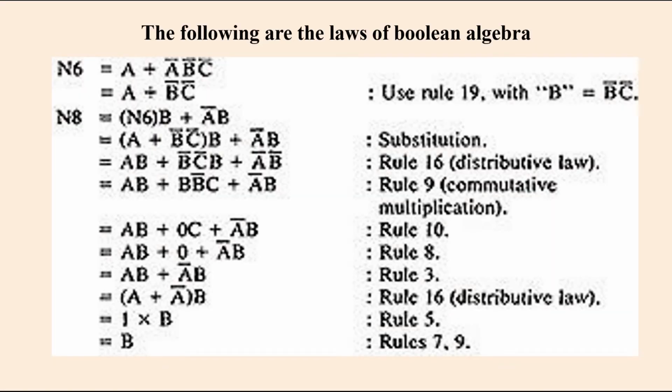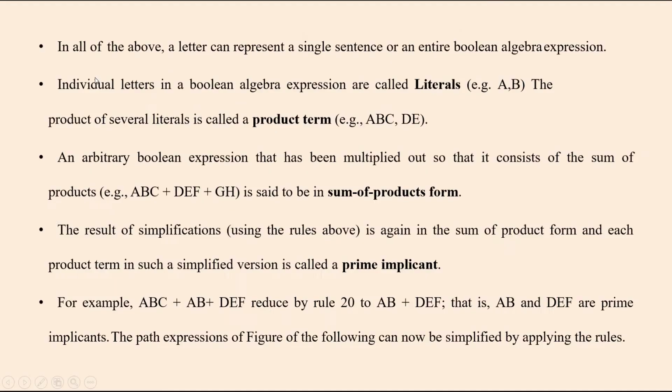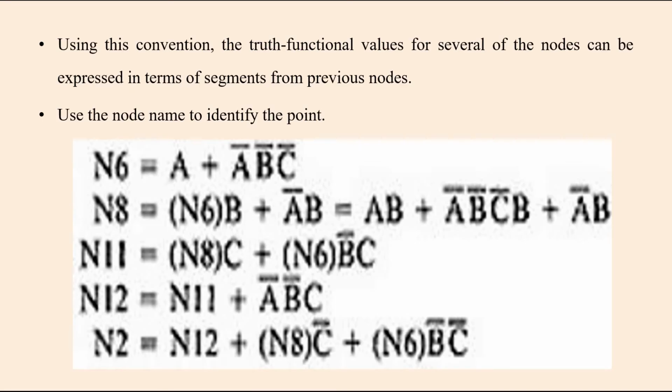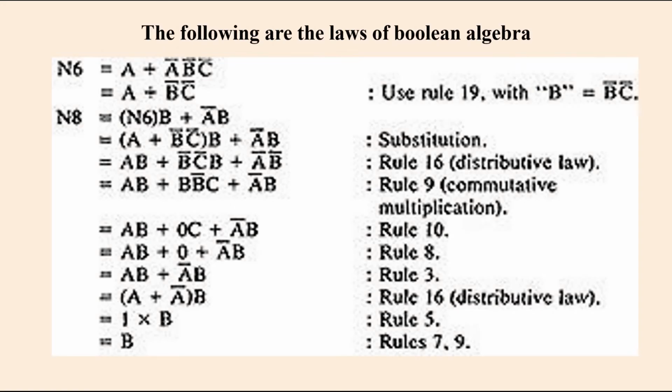Okay, now let us see some examples of this. The following are the Boolean rules. How can we implement this particular one? In the previous one, we have seen N6. What is N6? N6 is equal to A plus A bar into B bar into C bar, right? So A plus A bar into B bar plus C bar.